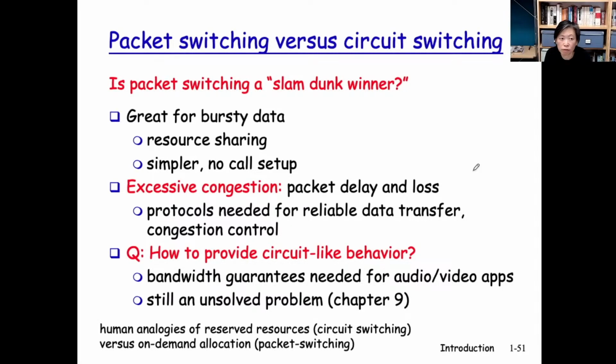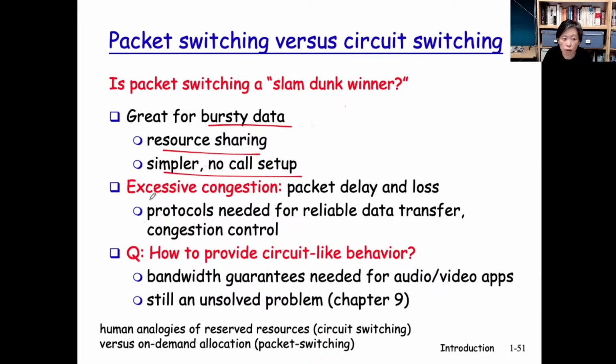Do you think packet switching is the slam dunk winner? Is the data network, the internet's way, always going to win? Probably not always, isn't it? It's great for short bursty data, a short amount of time but sending lots of data, because it promotes maximum resource sharing and it's quite simple, no call setup either.